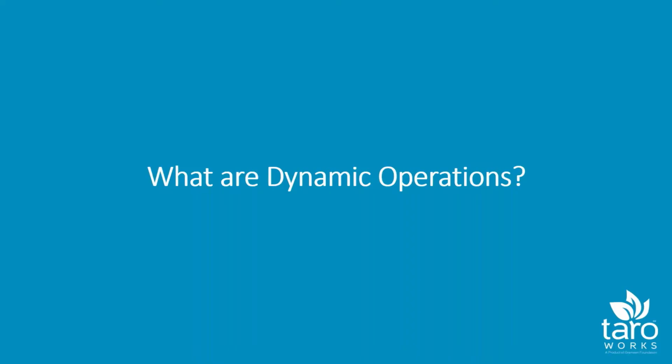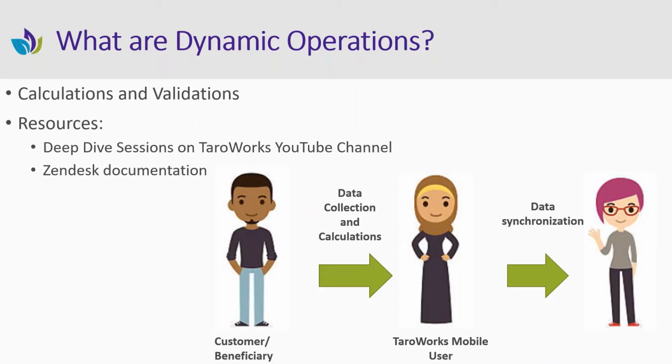So firstly, what are dynamic operations? Dynamic operations is an extremely powerful feature that allows your Salesforce administrators or your form builders to set up calculations or validations on specific questions in your form. Calculation dynamic operations allow you to create offline calculations to automatically generate a response to a question.